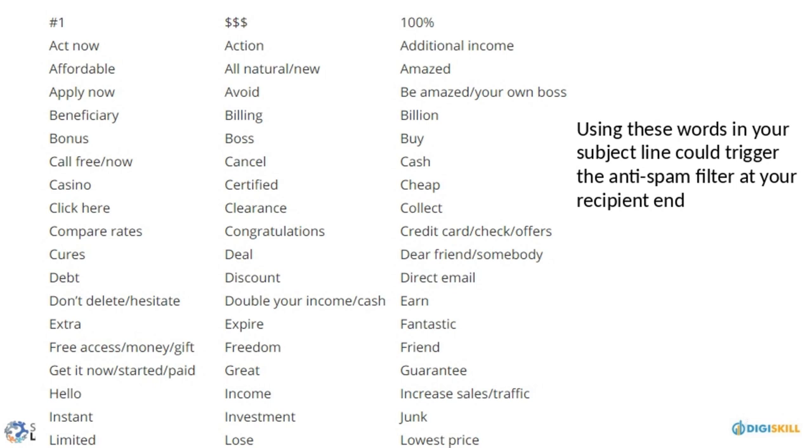You don't want to read a newsletter. Nor do I want a newsletter. I want to read the content of the newsletter if it's of value to me. So what is the most valuable information in your newsletter? Put that up into your subject line. So your newsletter may be talking about something, put that in your subject line and then lead on to the newsletter.